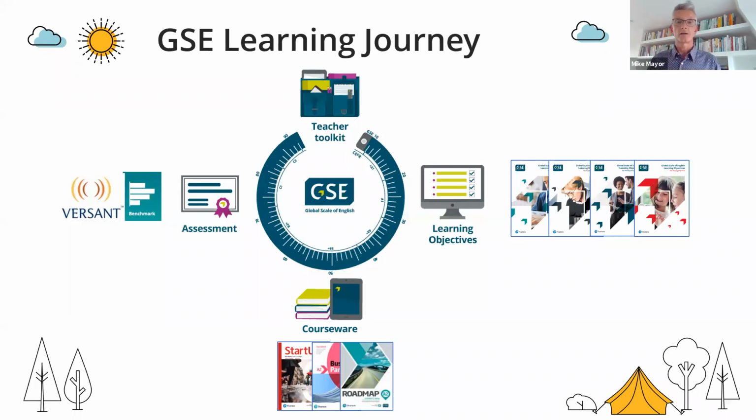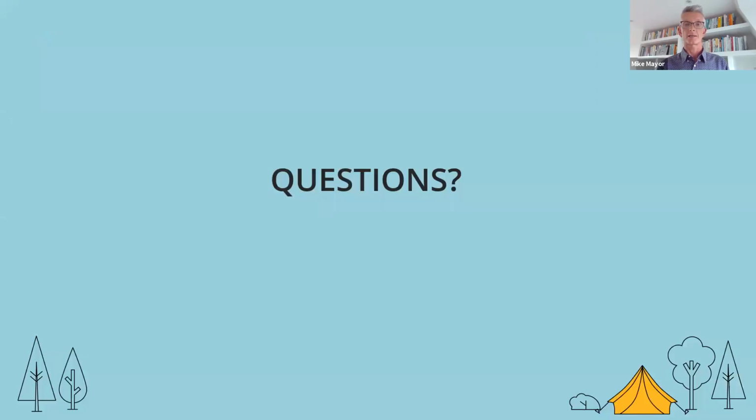So hopefully my goal was to demonstrate to you how the Global Scale of English is really underpinning everything that Pearson creates, from courseware and assessments, so that the two are not randomly placed together, but actually fit together. They're underpinned by the same learning objectives and the same proficiency scale. And so with that, I think we can go to questions.